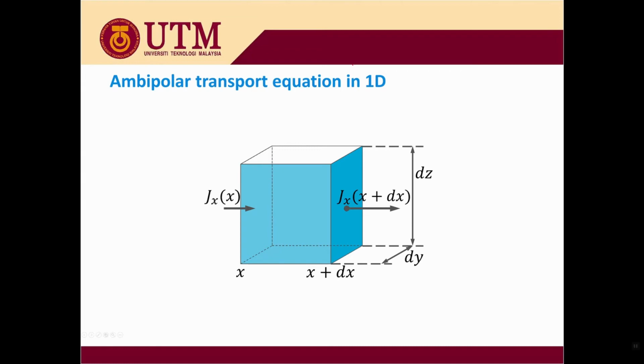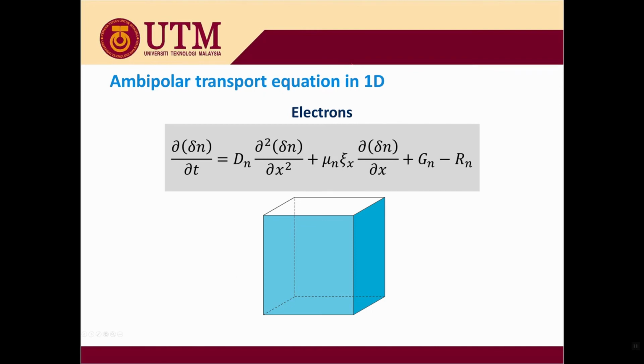Now let's turn to this ambipolar equation. It encapsulates all the possible charge transport processes in the volume element. Looking at this equation, the first term is the time rate of change of the carrier concentration. Charge is flowing in and out of this volume element by drift and diffusion.